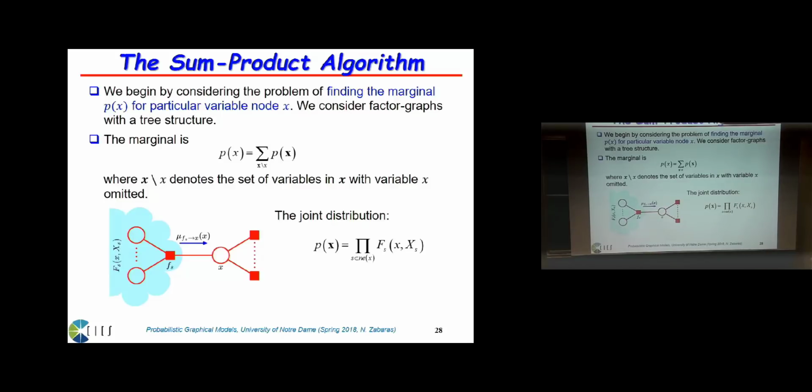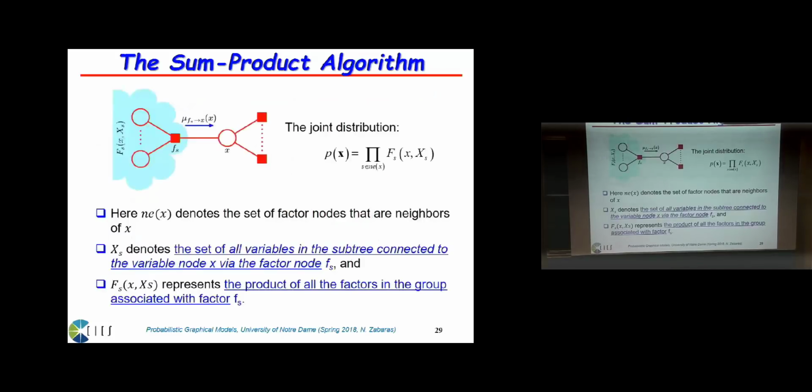Obviously, if this is not a tree, you won't be able to do this. So we need to pay attention here. X_s denotes the set of all variables in the subtree connected to the variable node x via the factor node f_s, and F_s represents the product of all the factors in the group associated with factor f_s. This is what we just said.